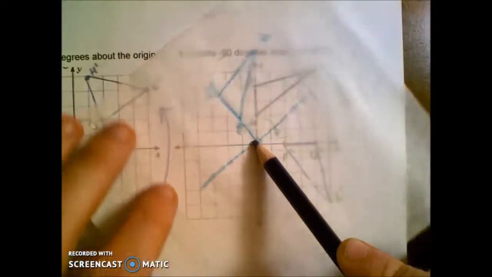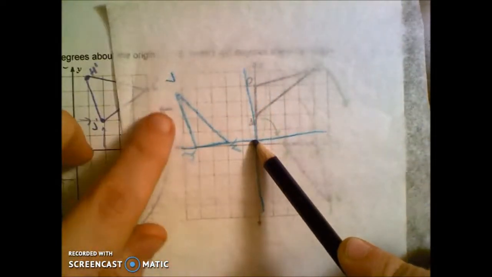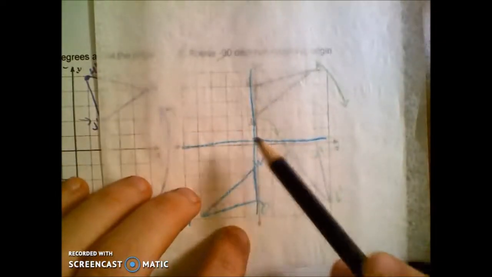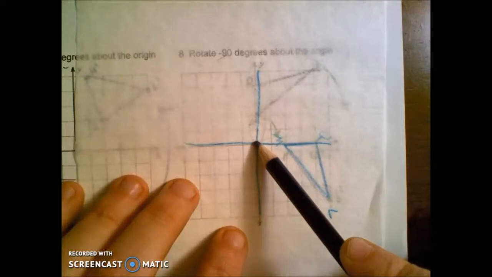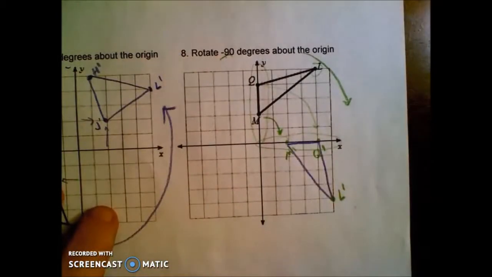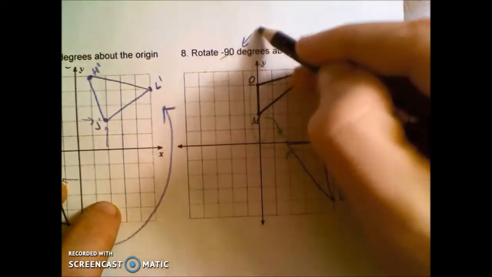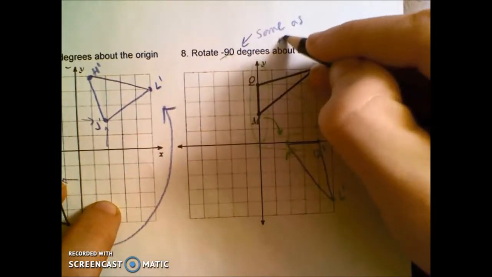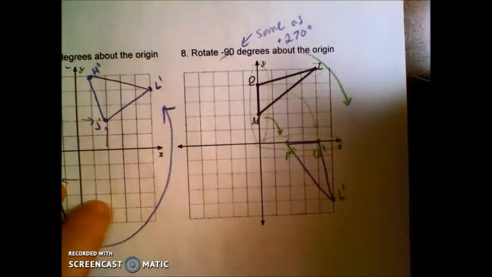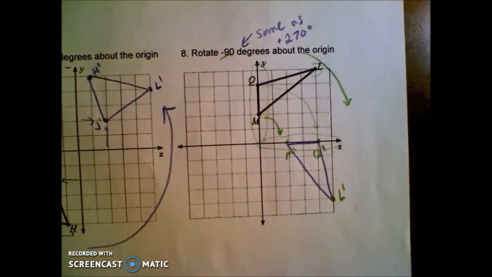I could go 90, 180, and 90 more will bring me to 270 degree rotation. So in fact, a negative 90 degree rotation is the same as a positive 270 degree rotation. Just something to think about while you're doing these rotations.